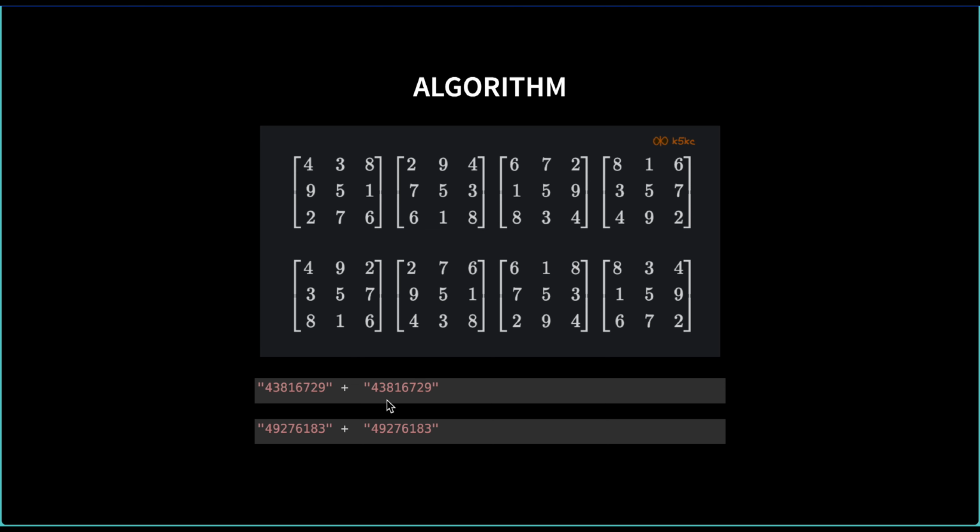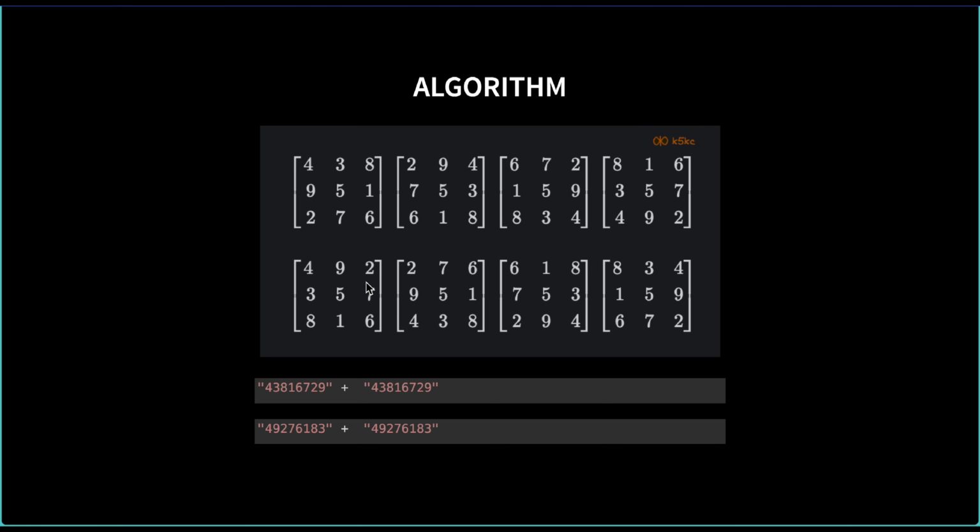And let's double the string 4, 3, 8, 1, 6, 7, 2, 9. Then we can check that 6, 7, 2, 9, 4, 3, 8, 1 exists in this concatenated string. So this is how we find out if one string is a rotated version of another string. And there exists a problem on Leetcode named Rotate String, where we are given two strings and we have to check if one string is a rotated version of another string.